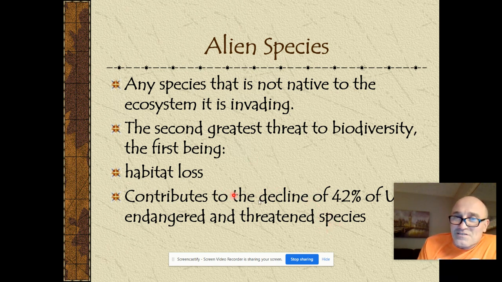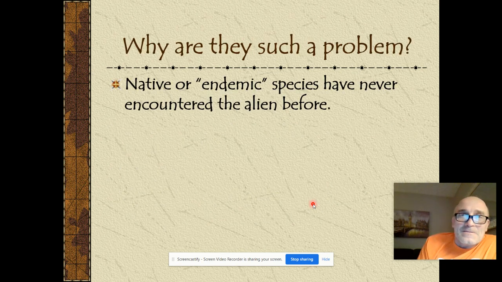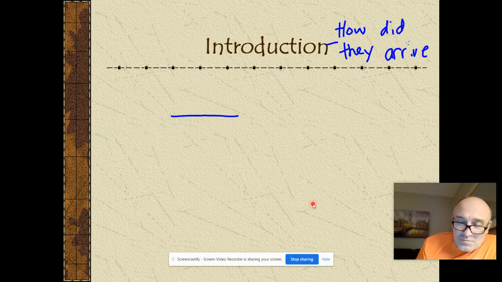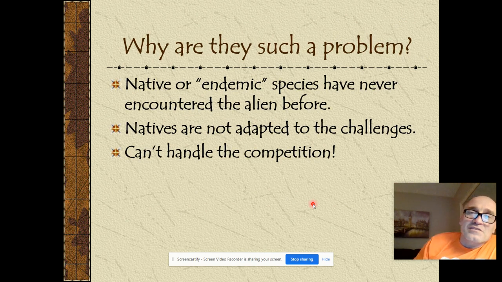And that has a huge effect on the decline of species. The things that are endangered or threatened in the world are usually due to alien species effects. So why are they such a problem?